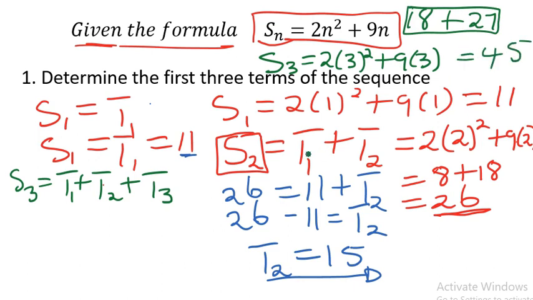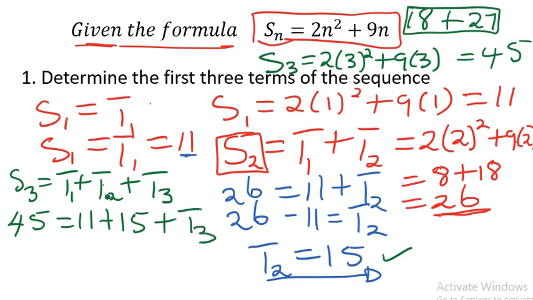Which means this one is equal to 45. Do we have our T1? Yes, it's 11. Do we have our T2? Yes, it's 15, so we write 15 there. Do we have our T3? No, it's the one we are looking for.